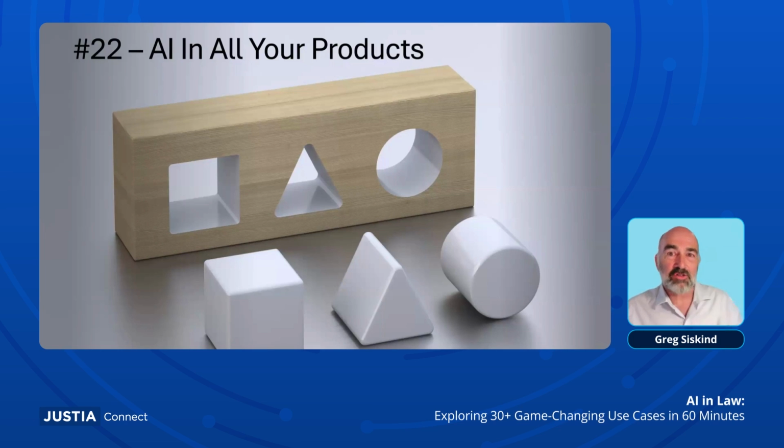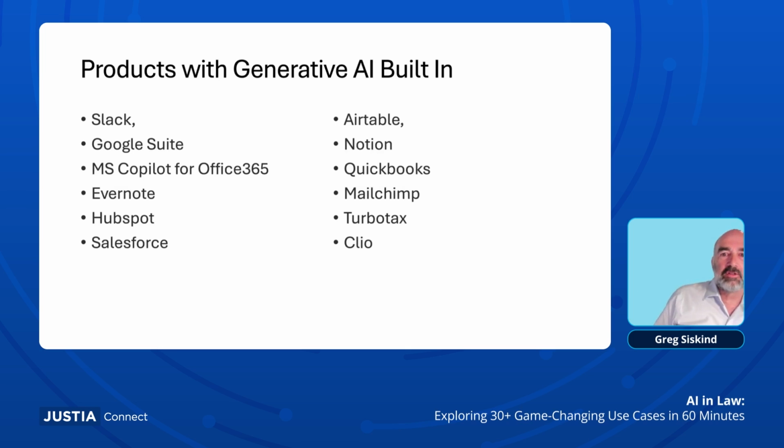AI is also, it's not really a use case directly, but it is on there. This is just a sampling of a dozen products that a lot of lawyers happen to use.